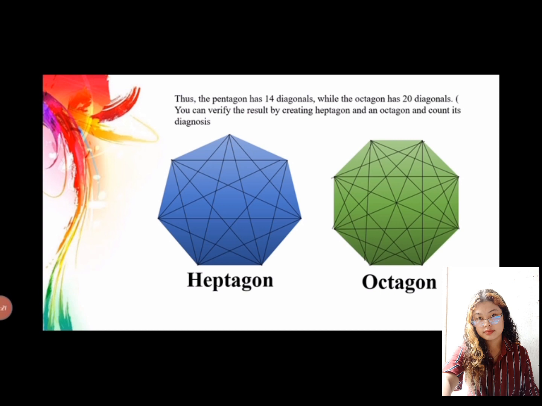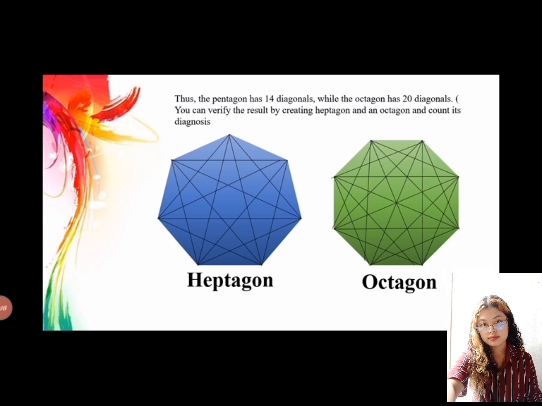So this means that our sequence is correct. There are 20 diagonals in an octagon.